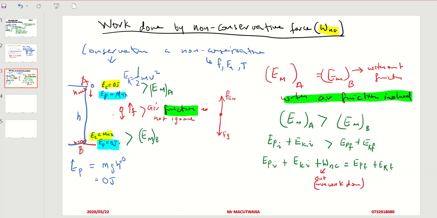So the frictional force takes out energy from this object, so that when it gets to B, the energy it started with has decreased as a result of the frictional force. Now we're saying to make the energy at A, or mechanical energy at A, equal to mechanical energy at B, let's bring in this WNC, work done by frictional force, which is your non-conservative force.